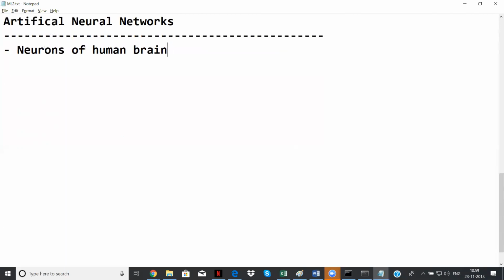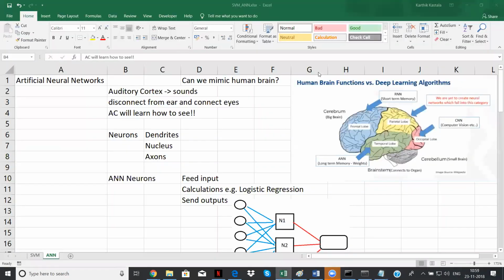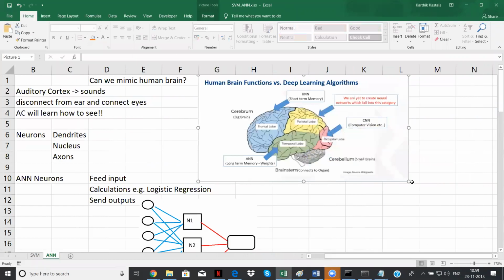So people were always curious enough to try out any method to transfer human intelligence into a machine, or maybe just try to mimic how a human brain works, right? So can we really mimic how the human brain works? Apparently, yes. This is what people have told, and this is what people have found out.